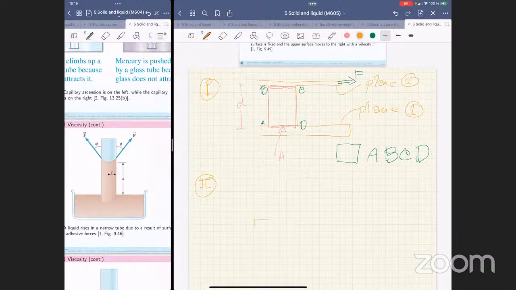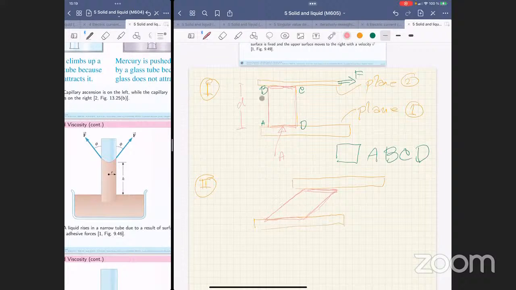The lower surface stays the same, right? And you now move the upper plane to this location, and right now it's going to be like this. The fluid has changed its shape like this. The shape of that fluid has now been changed. It's a parallelogram, a parallel type of square.